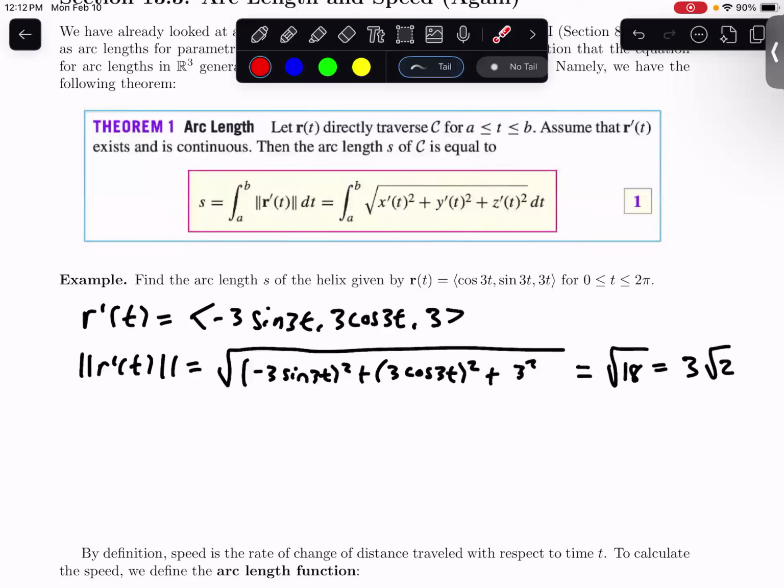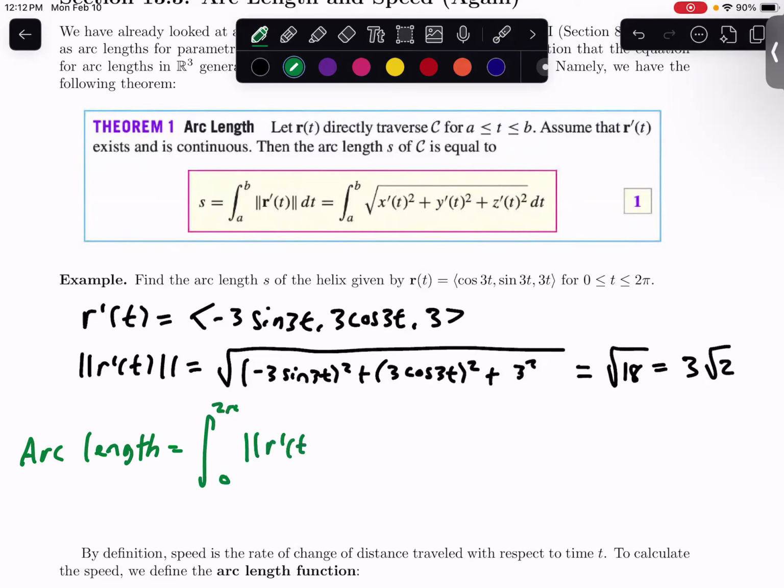And so the arc length is easy to compute if we're just integrating a constant. So the arc length is the integral from 0 to 2 pi of the magnitude of the derivative of your vector. We just computed that this magnitude is equal to 3 times the square root of 2. So this is the integral of 3 times the square root of 2 dt.